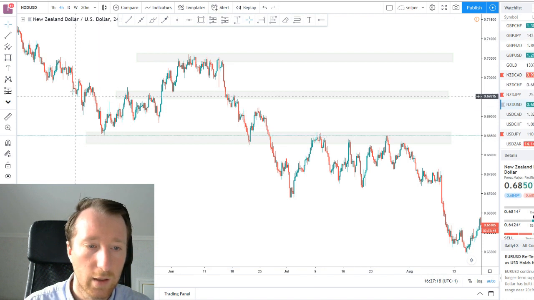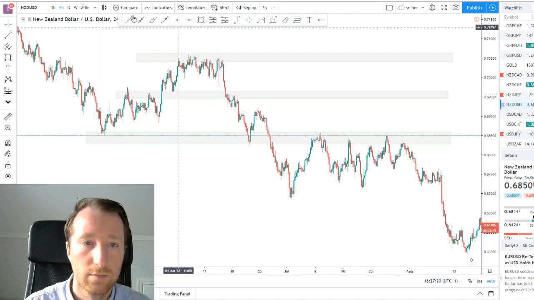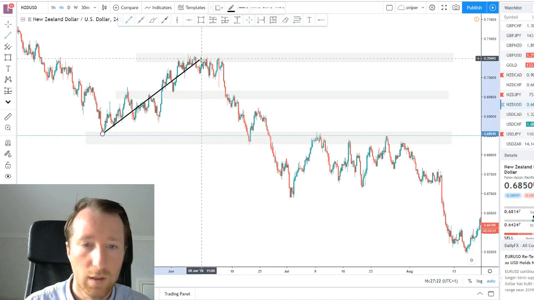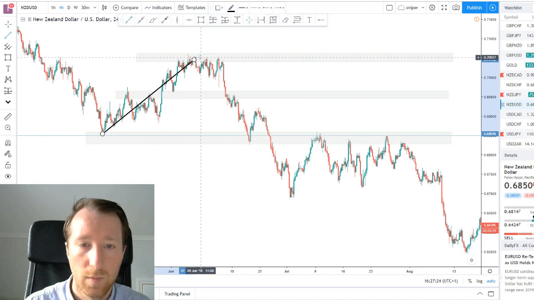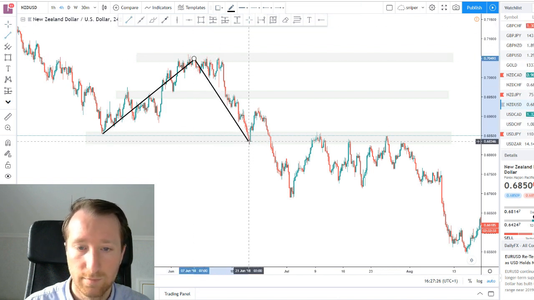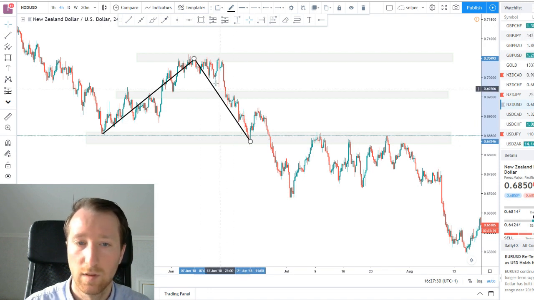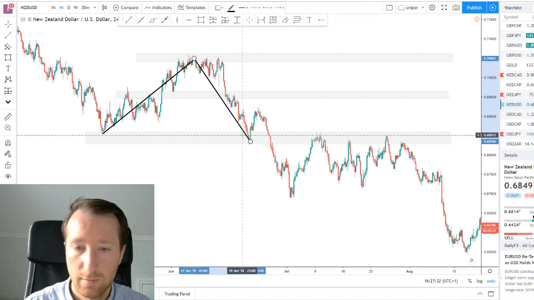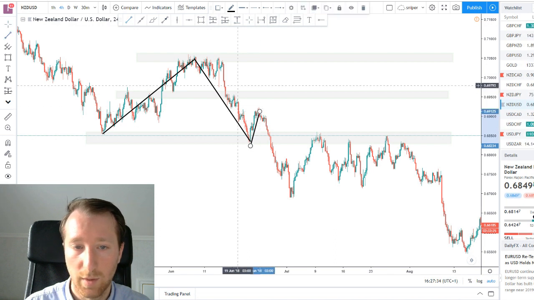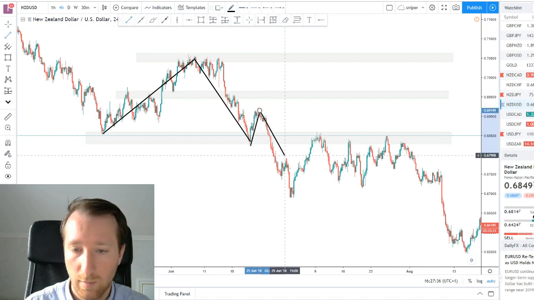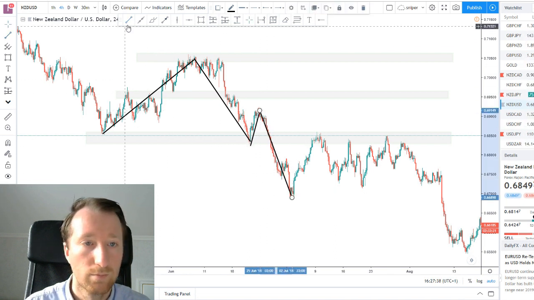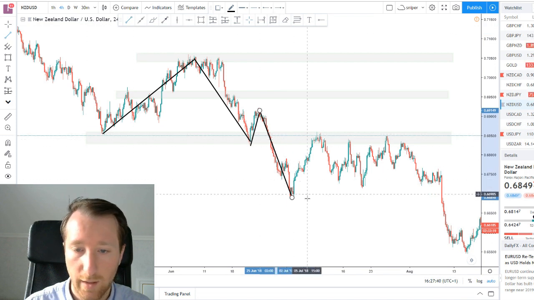So here, it goes from this point to this point to this point, okay? Nothing else than that. Then, I would say it goes up here. It makes a new low, comes back to this area here.